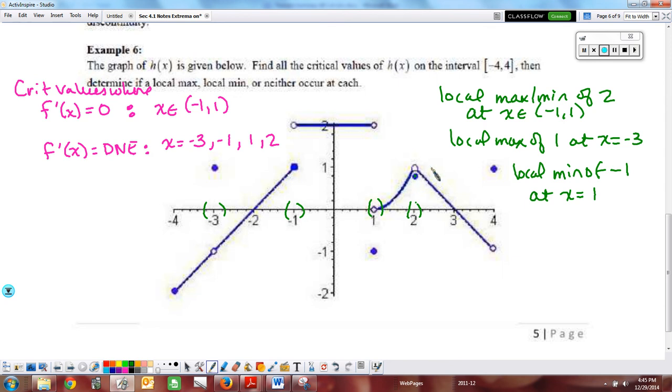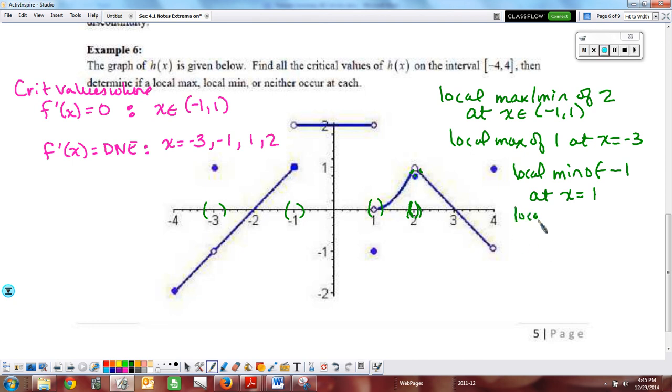Yes, it is true that if I go out wide enough, there will be some that are lower, but the idea about local means if you can pick any open interval around 2 for which there are none lower, then it's considered a local min. And I can just squeeze my interval in and make sure that the y values I'm comparing are up here.